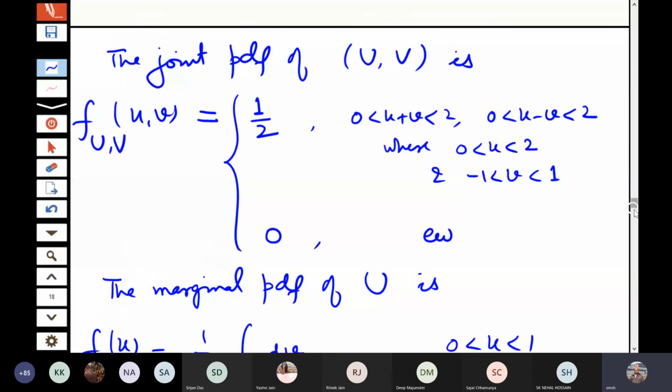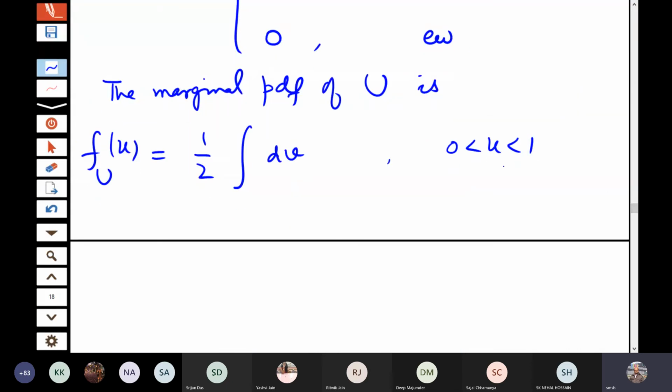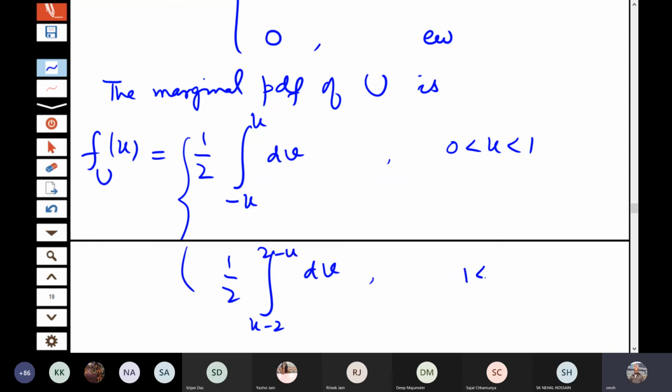What is the range of v? V is greater than minus u and less than u, and from the other constraint you get v is greater than u minus 2 and less than 2 minus u. So you take the minimum range here. If u is between 0 to 1, this will become from minus u to u, and it is equal to the integral of dv from u minus 2 to 2 minus u if u is between 1 to 2.